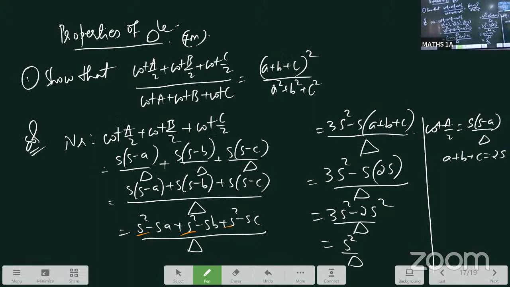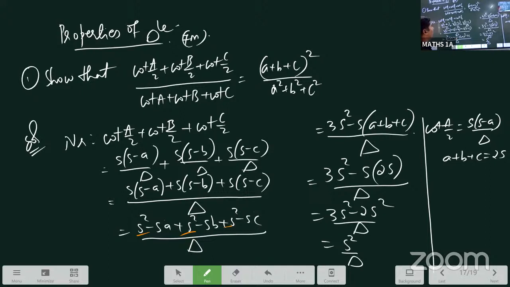Once again, you can have a total recap. Show that cot A by 2 plus cot B by 2 plus cot C by 2 over cot A plus cot B plus cot C is the result asked. Take your numerator separately, cot A by 2 plus cot B by 2 plus cot C by 2, using the S into S minus A by delta formula.